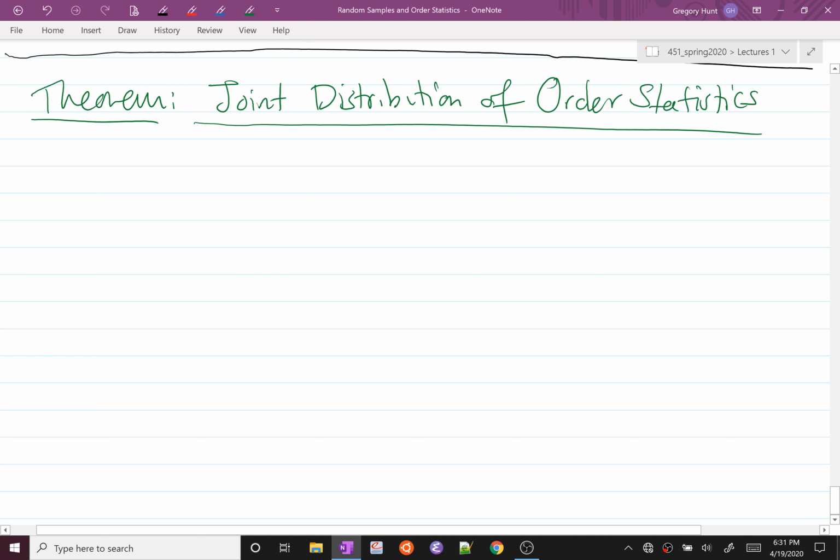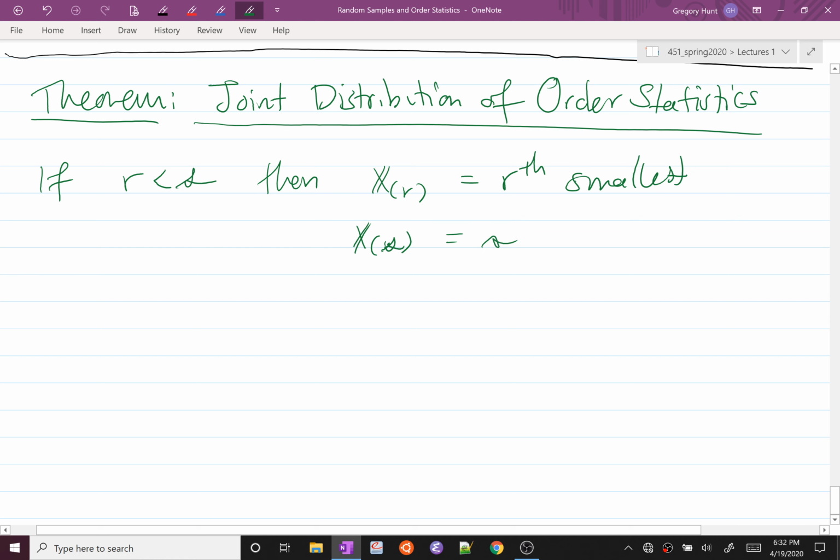So if we have two numbers, r and s, where r is less than s, then X sub r is the rth smallest, X sub s is the sth smallest, and surely it should be that X sub r is less than X sub s, right?